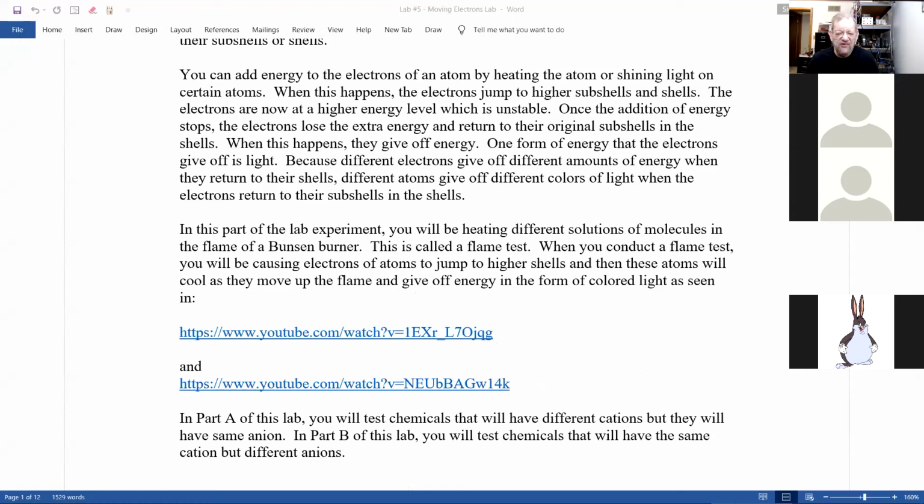And these flame tests are when the electrons in the atoms of that element move from shell to shell and then go back again. Let's take a look at one of these real quick. And you can go back at your leisure.